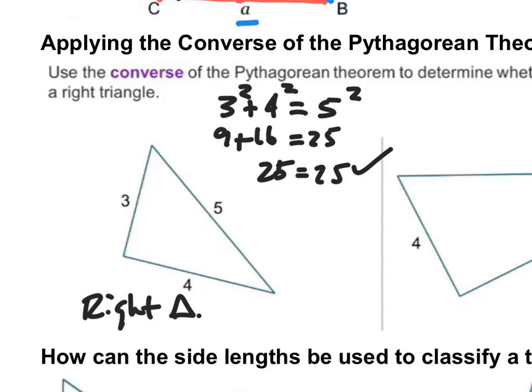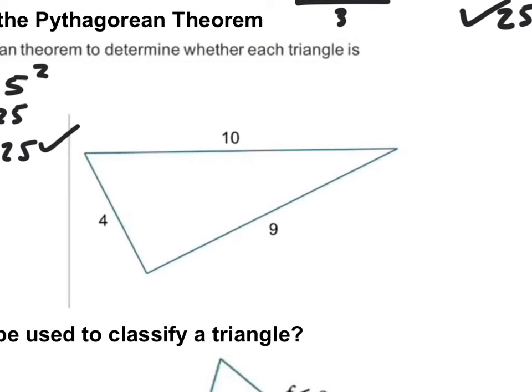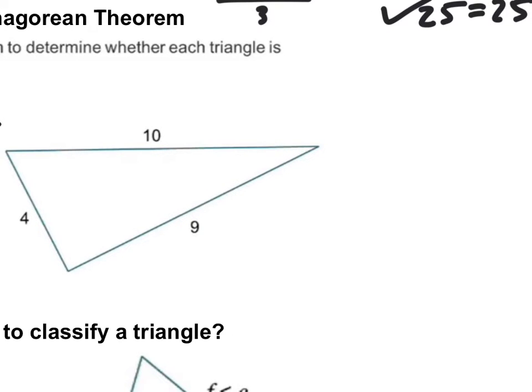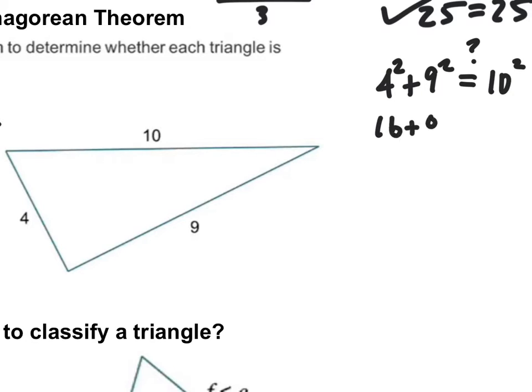So this is a right triangle. The other one, let's see if this is a right triangle. Let's take the two shorter sides, 4 and 9. Is 4 squared plus 9 squared equal to 10 squared? We end up getting 16 and 81.